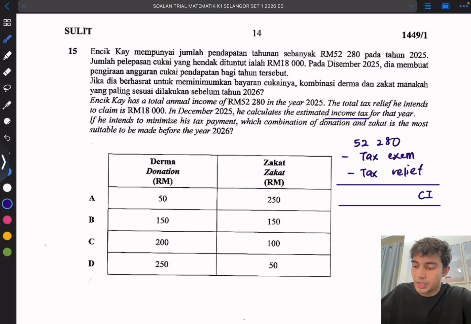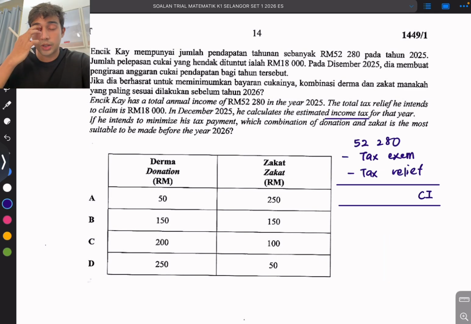From this chargeable income, we can figure out how much tax we need to pay lah. Okay, from chargeable income, we can figure out the tax bracket and the percentage of how much we need to pay. Then we will get our income tax.